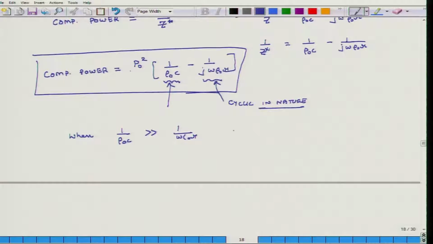What this means is when R naught is extremely large compared to lambda over 2 pi, then this portion of the power is negligible and all the power which is there is getting dissipated out in the system. So, what that means is that if our sphere is very large compared to one-sixth of the wavelength, which means R naught is very large compared to the wavelength, then all the power which is being consumed by the system just gets dissipated and nothing comes back.